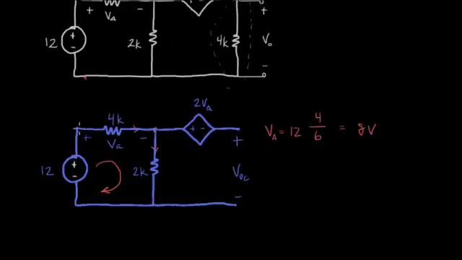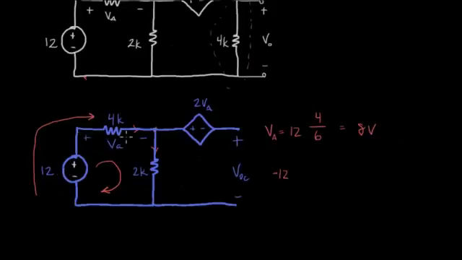But I always look for the simplest possible way, and so don't forget to look for loops that are not just the smallest loops. For instance, what if I did the loop around the entire outside, including across VOC? Then I would have a source voltage that's known, a voltage that's known, and only one unknown. So that's a done deal right there. Let's try it. Minus 12, I'm starting from down here, going through the negative terminal.